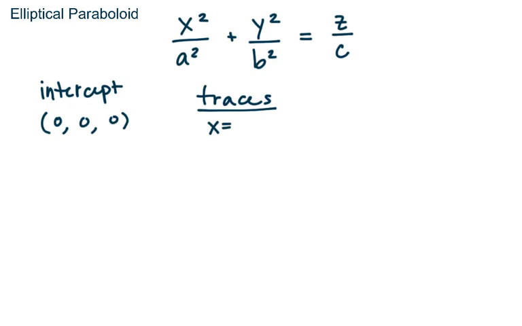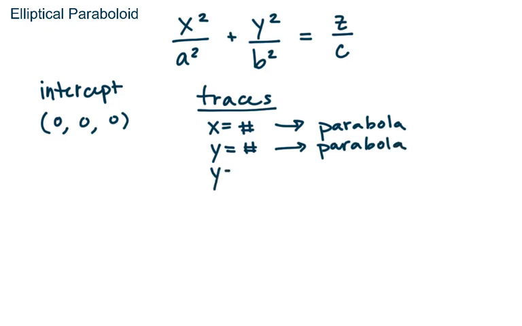If I let x equal some number, this is a constant. So having that x squared go away, we end up with a parabola. And due to the similar nature, if I let y equal a number, I also get a parabola.